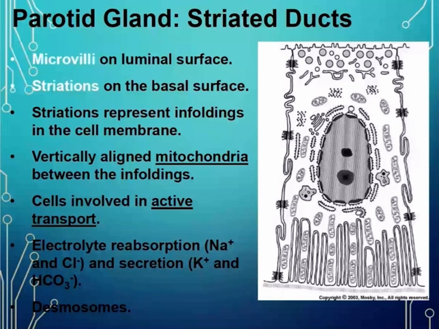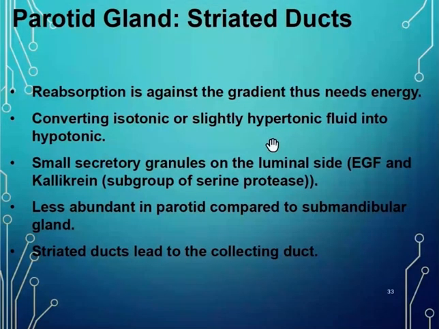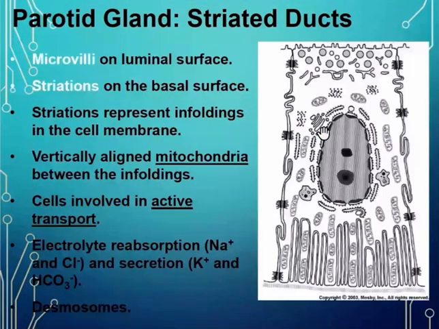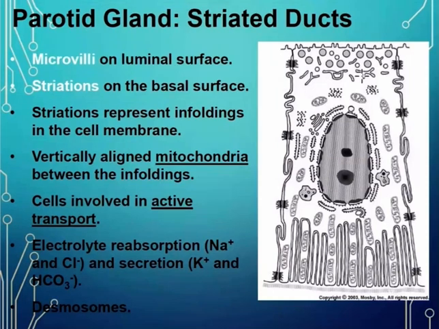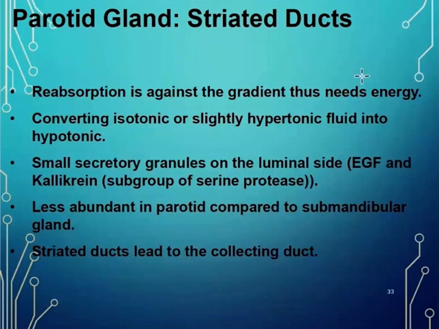As this resorption is against the concentration gradient, it requires a substantial amount of energy. So in the striated ducts, the isotonic saliva that's produced early in the acini and the intercalated ducts is transferred to a slightly hypertonic fluid, and finally to a hypotonic fluid.